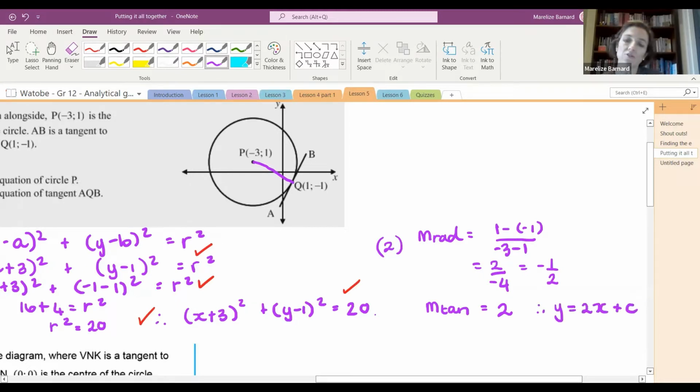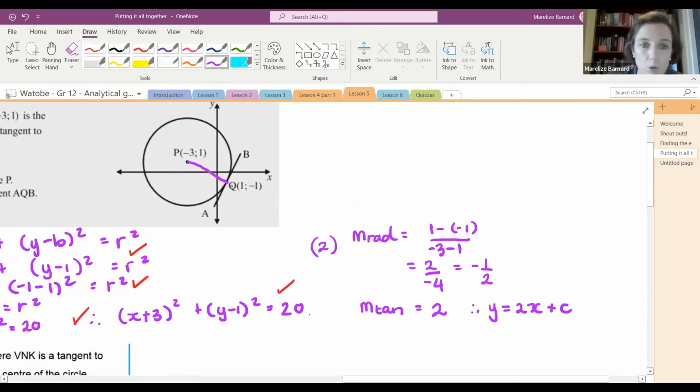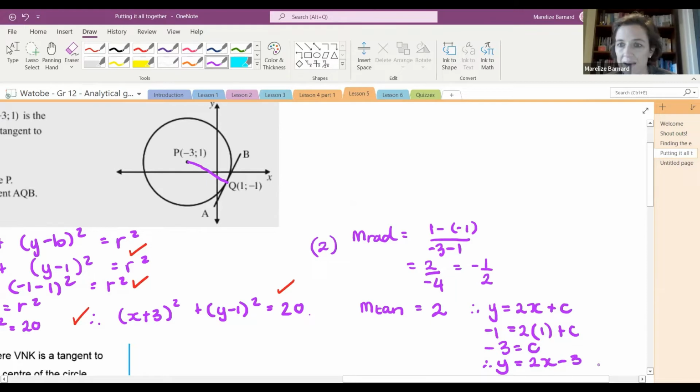Now all we have to do is sub in a point, Q in this case, to find what c is. So point Q is minus 1, x is 1 plus c. That's minus 3 is equal to c, and then y is 2x minus 3.